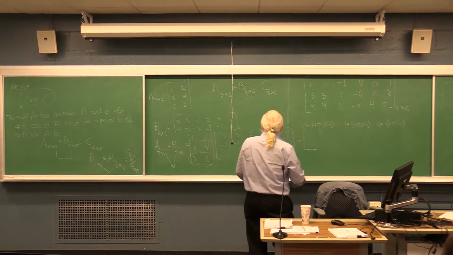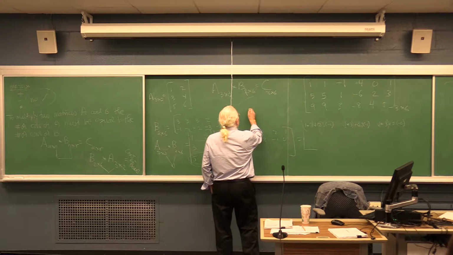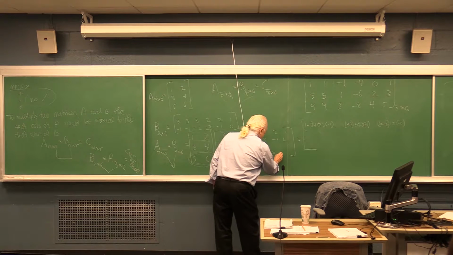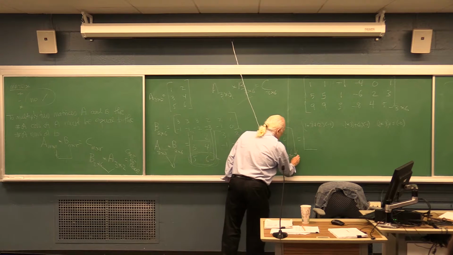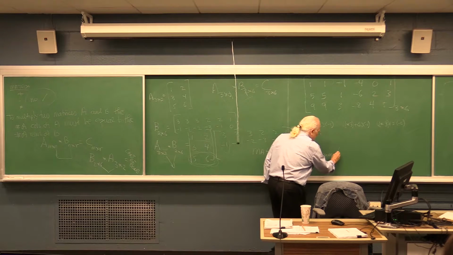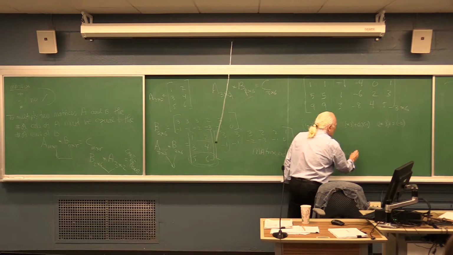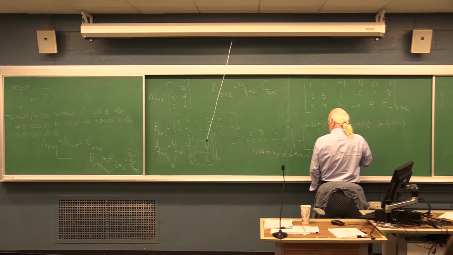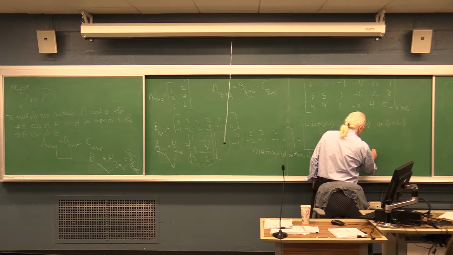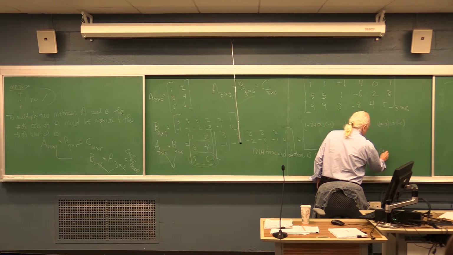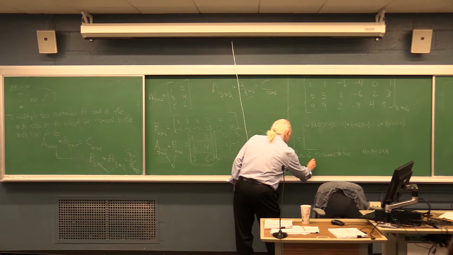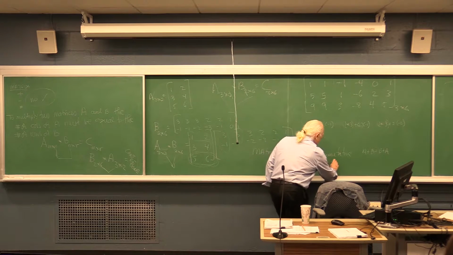So, matrix addition is commutative. This is a nice word to know because you'll hear it a lot. Commutative. Matrix addition is commutative. It means A plus B equals B plus A. Matrix subtraction is not commutative.